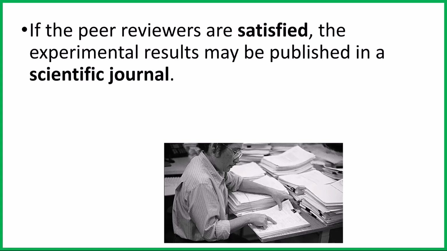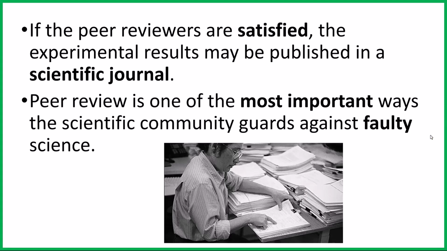So when you're looking at scientific journals for research, looking at peer-reviewed scientific journals will give you the most accurate data and the least amount of bias and opinion in the conclusions, because it's been looked at from several different scientists. Peer review is one of the most important ways that the scientific community guards against faulty science.